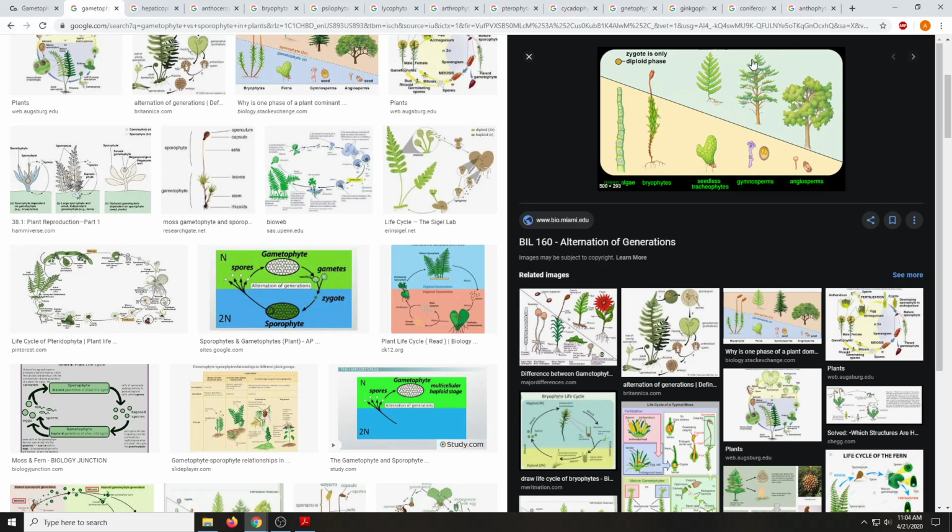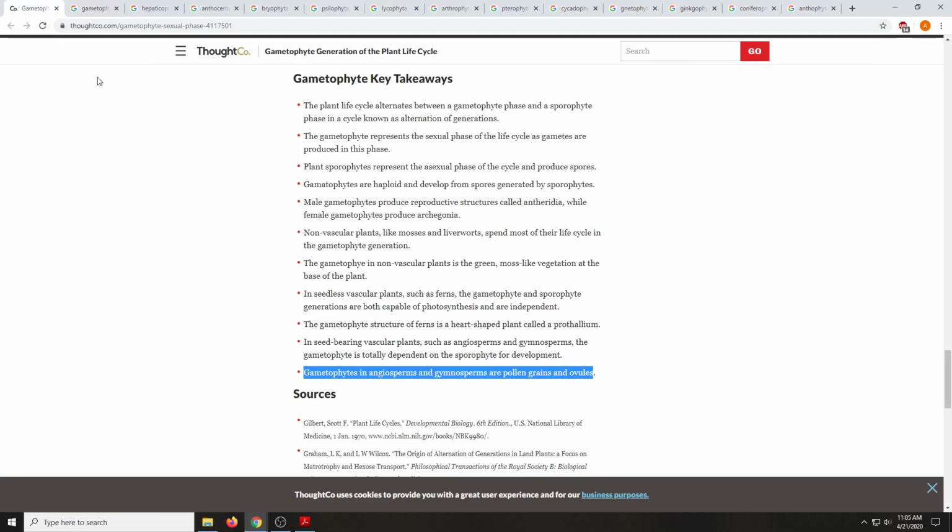As we get to larger and larger organisms, the gametophytes get smaller and smaller, and they become part of the plant. So here, these are two separate things, but here, these are inside of the cones and the flowers. So it's really complicated, and essentially, in some cases, the gametophyte and sporophyte are two separate, independent organisms.